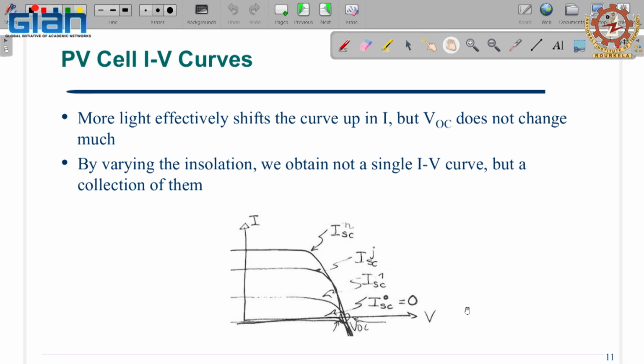You can see that even if this current is changing significantly, the change in this voltage will be very little.